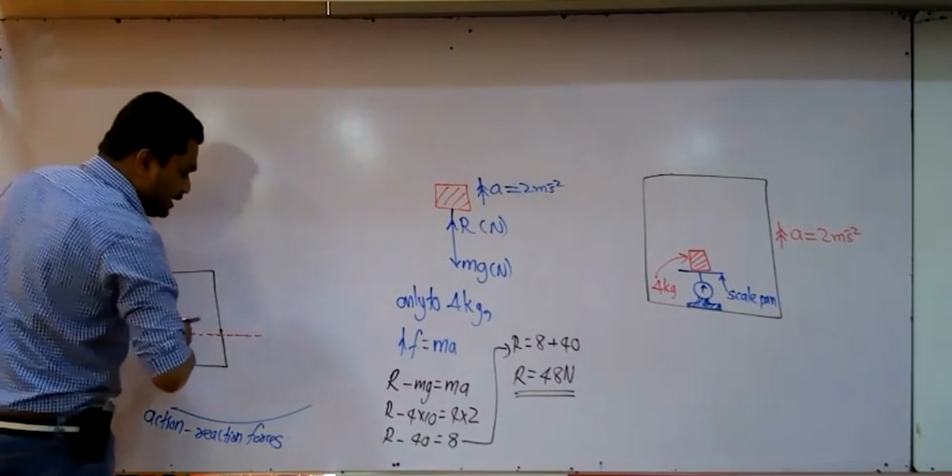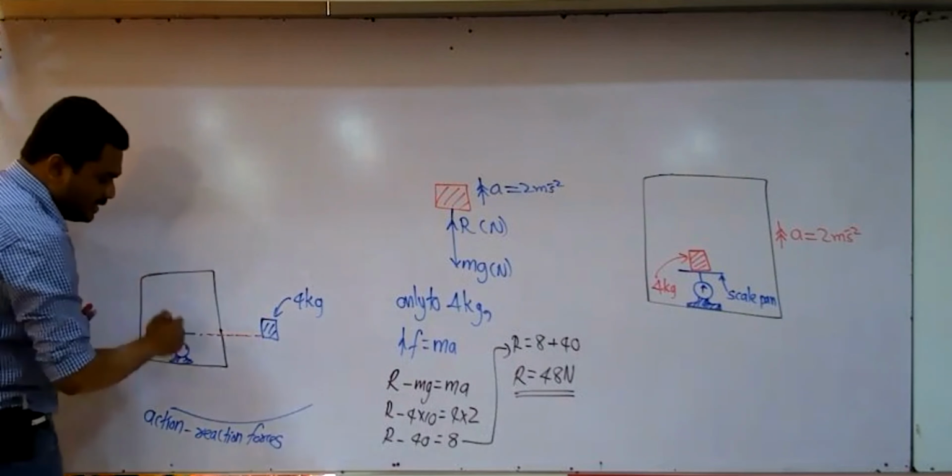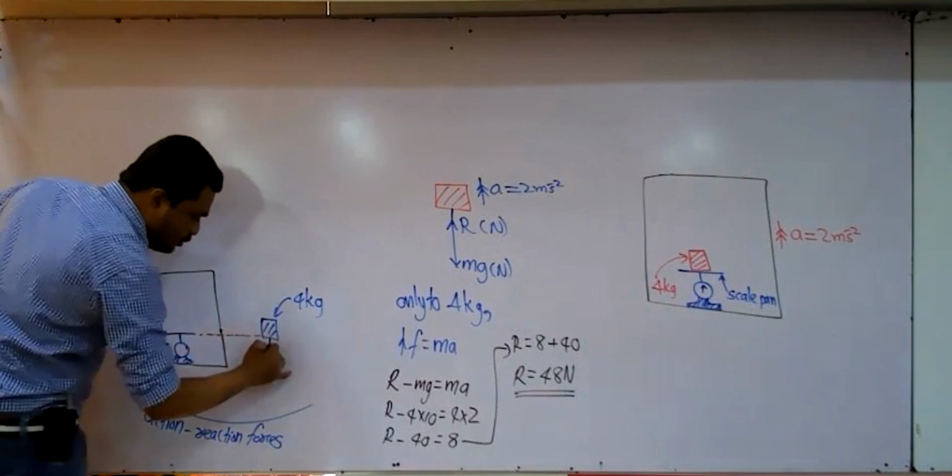Look at both here. The R force is given to the 4 kilogram object by the scale pan. Then what does the 4 kilogram object do here? It gives an equal and opposite force to the scale pan. Clear here?